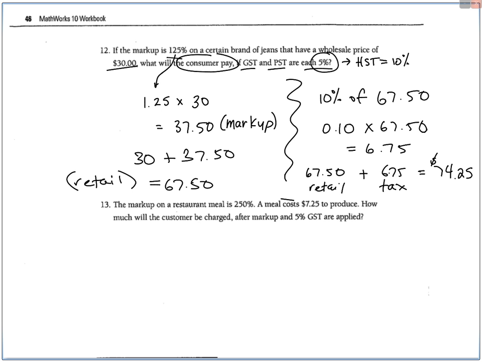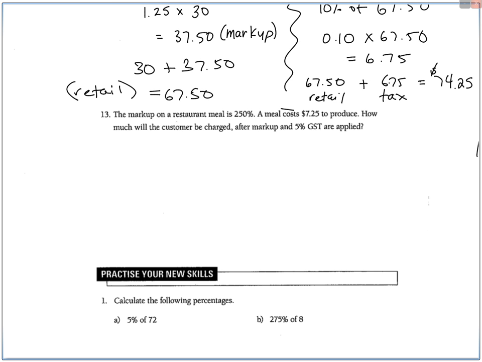Next one is about markup on a meal. The meal costs $7.25. How much will the customer be charged after markup and 5% GST are applied? Okay, so $7.25 is the price of the meal. The markup's 250%. So make 250% your decimal, then times.